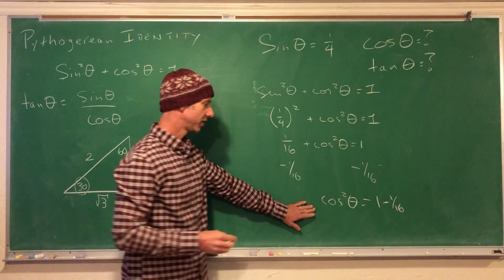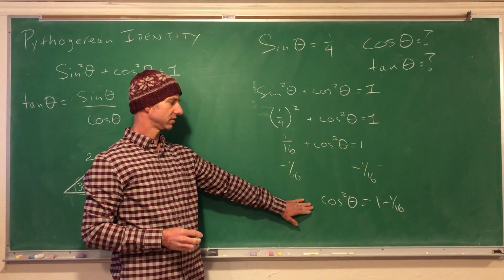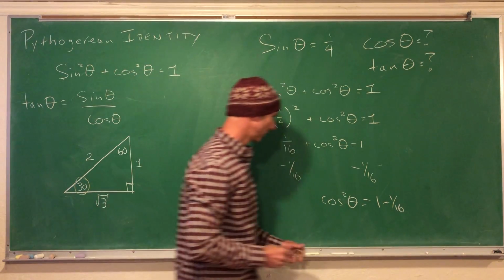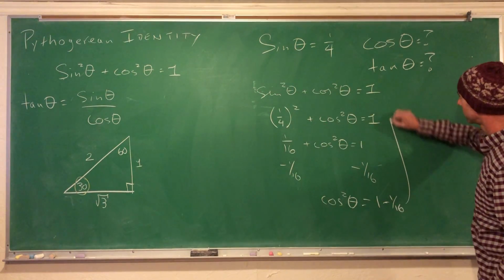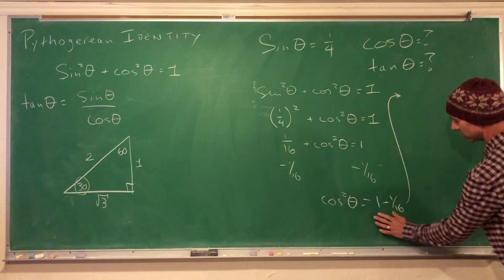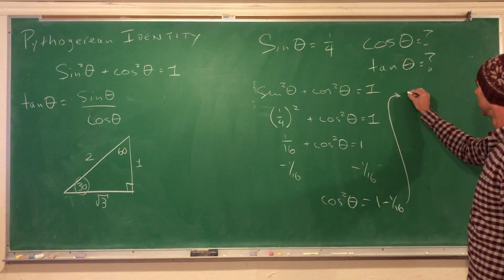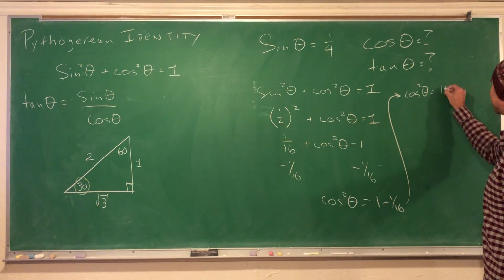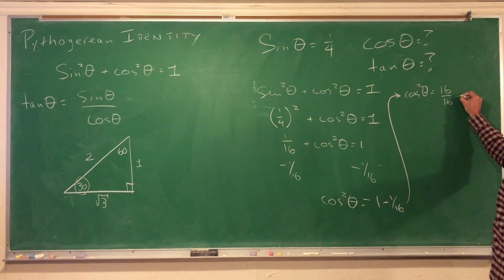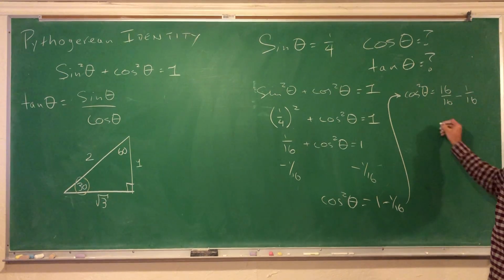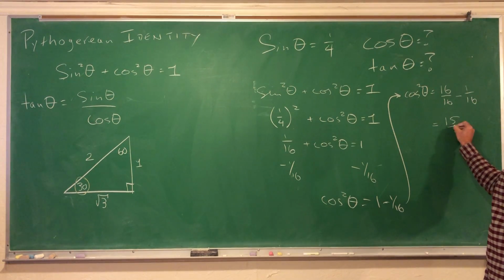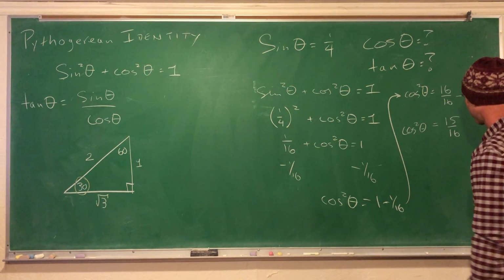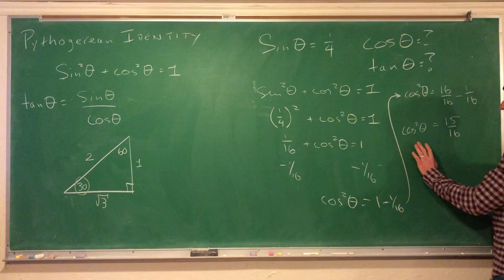So cosine squared theta is 1 minus 1 over 16. I'm just going to do this bottom part right here. So we have cosine squared theta equals 16 over 16 minus 1 over 16, which equals 15 over 16. Now we're not done yet.